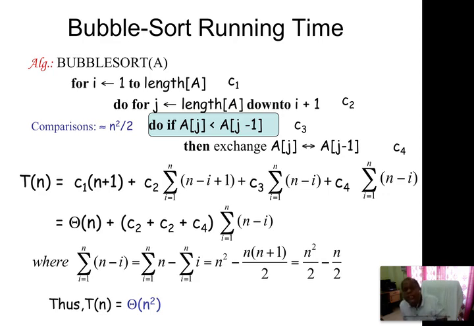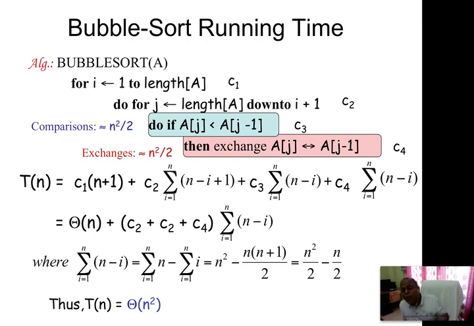Then how many exchanges will be done? Comparison you have to do whatever the position of the elements. But the exchange depends on whether it is less than or greater than, and at max the exchange will be n square by 2 minus n by 2.